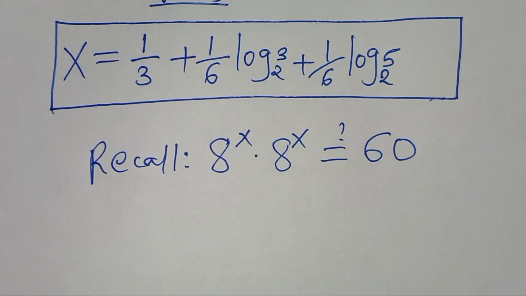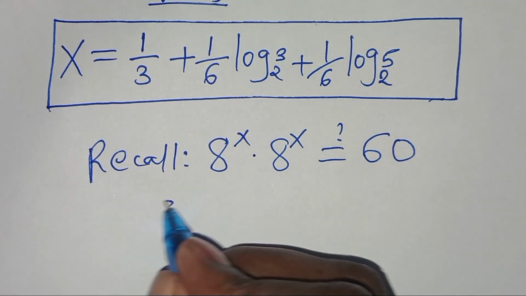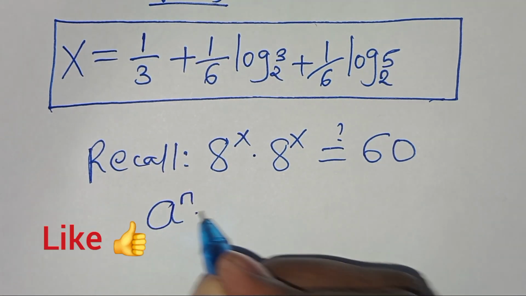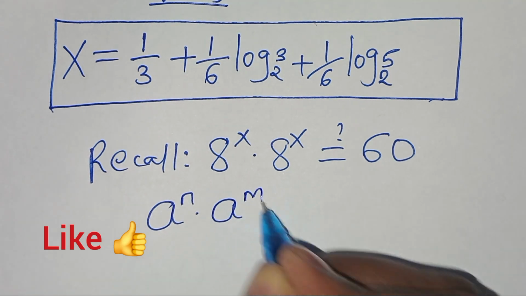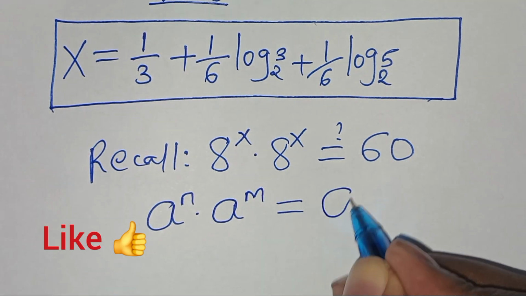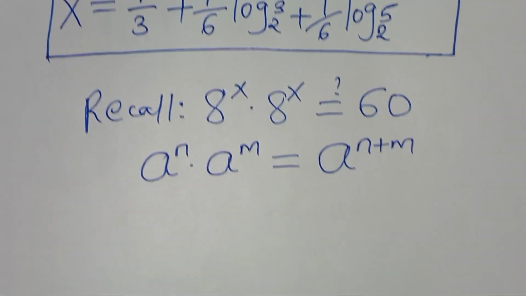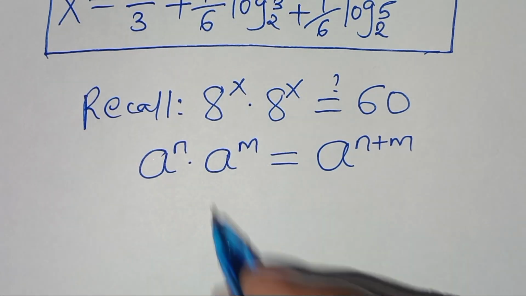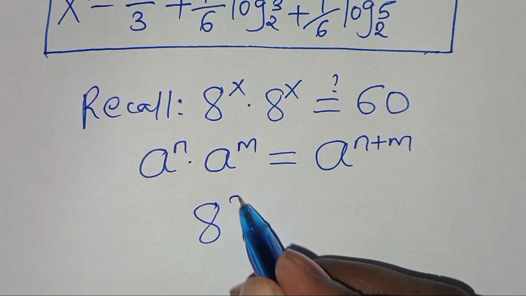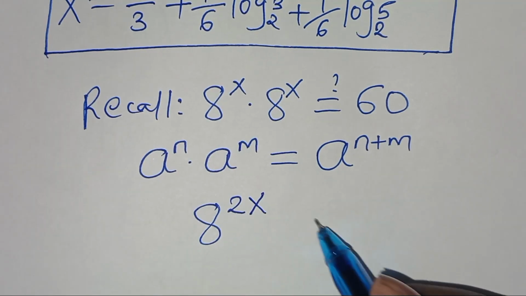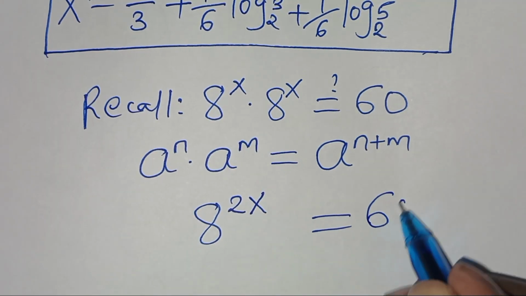This exponential equation is in the form of a to the power n times a to the power m, which we can express as a to the power n plus m. Applying this exponent property, we have 8 to the power x plus x, which is 2x. This should give us a value of 60.